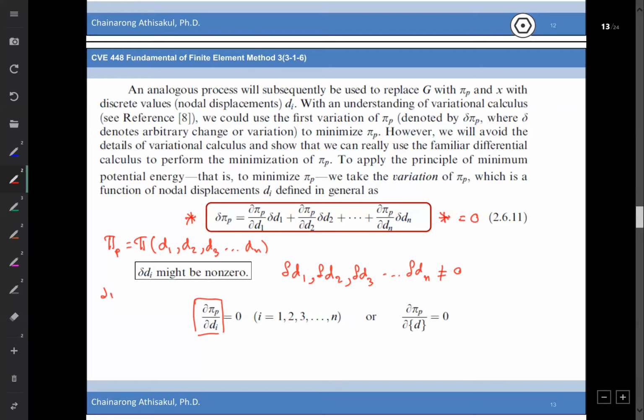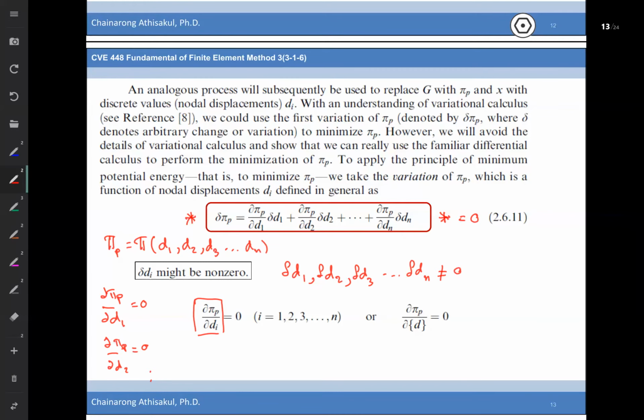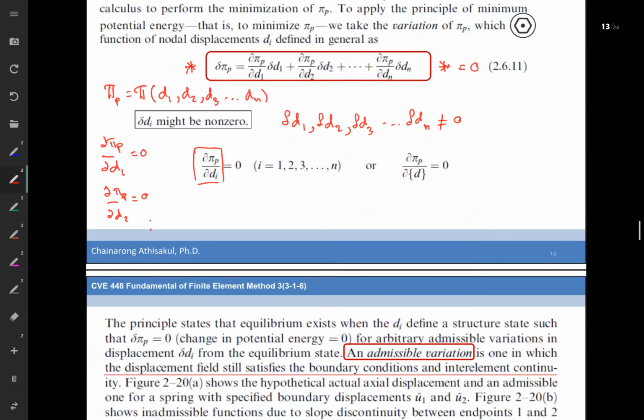We may write partial pi by partial d1 equal to 0, this is the first equation, and then partial pi with respect to d2 equal to 0, that is the second equation, and so on. So we get an equation for each case.